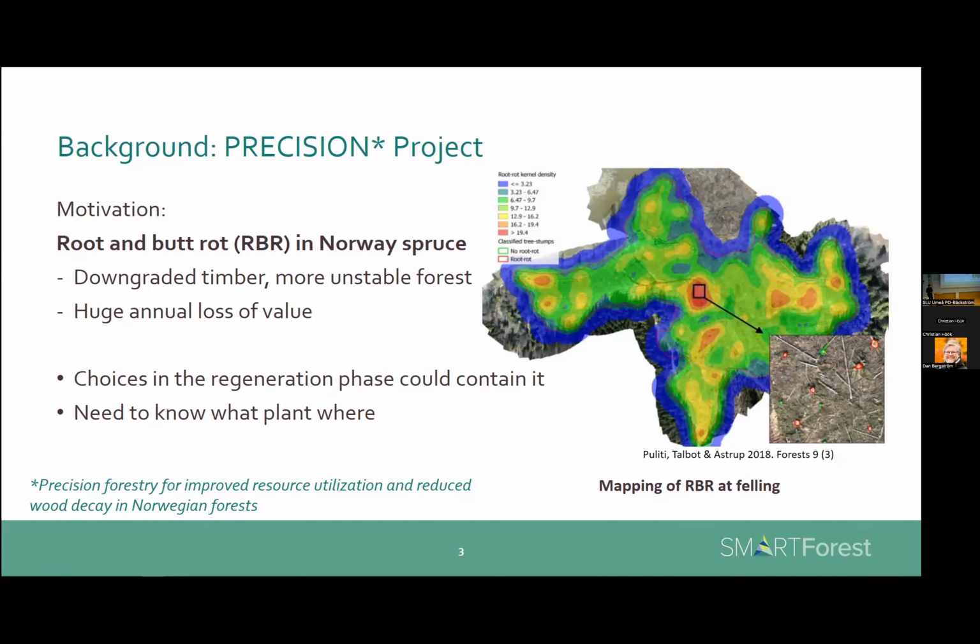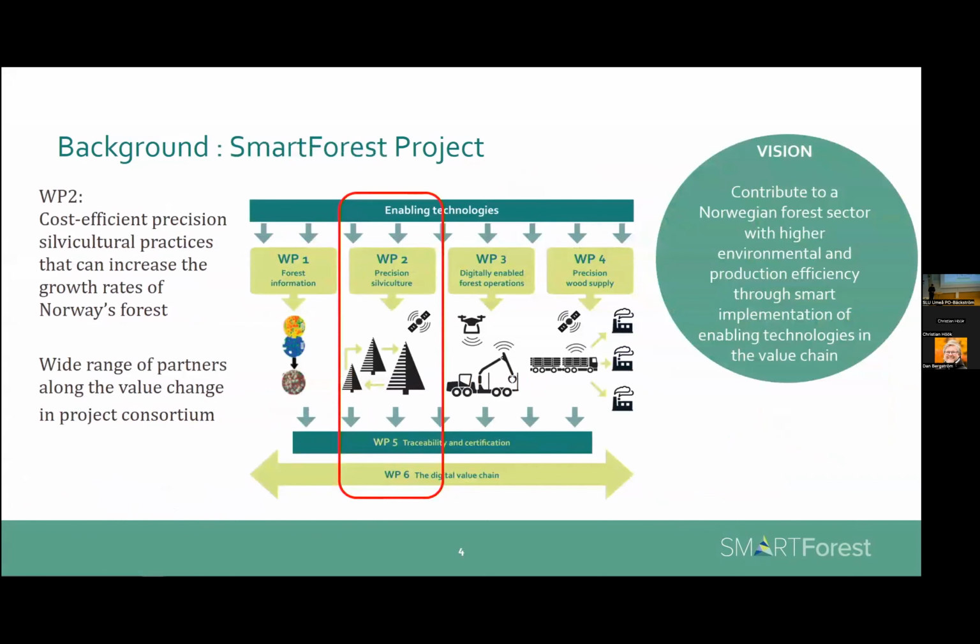So this was the beginning of the development, and then in the project we got one prototype, and after the project ended, Smart Forest, our currently running large project, took over, and this development became part of it. And in one of the work packages, we got the chance to develop it further.